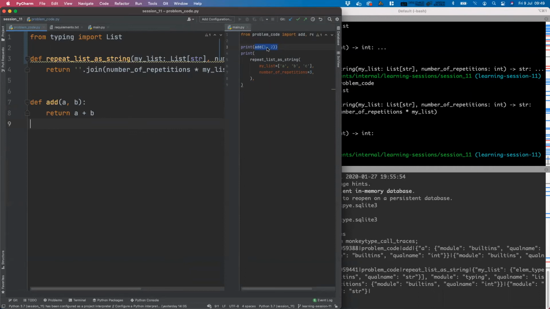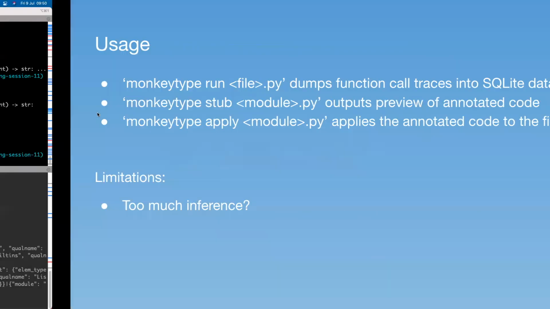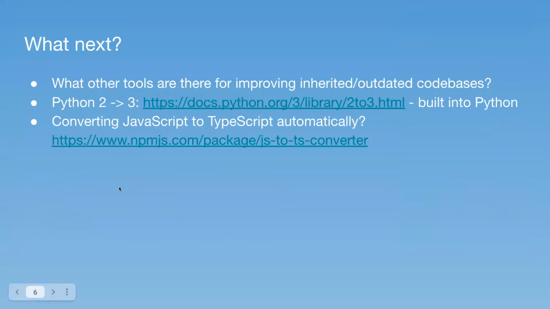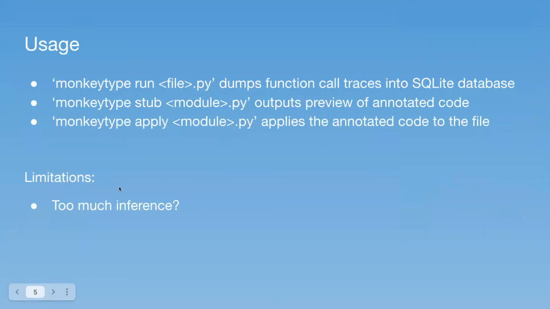And so a limitation of MonkeyType is that if we just call this function once with only one of those data types, integers, then it will enforce that this function should only be used with integers, which is a narrowing down of its functionality actually, and a potential drawback.